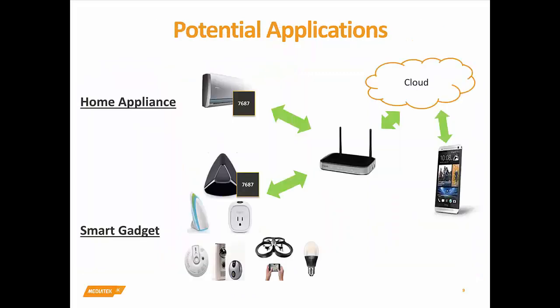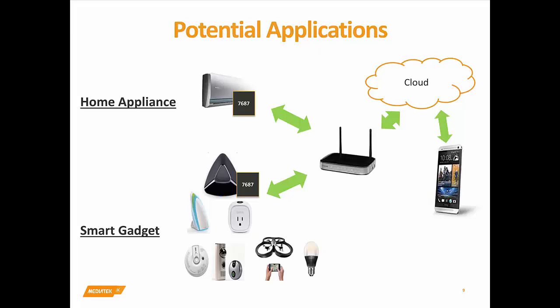So what sort of applications do we see people creating with the 7687 HDK? We're looking at home appliances like aircon units or heating systems, where you connect your aircon to your local Wi-Fi through the 7687 and then make it cloud enabled so you can control it with your smartphone.